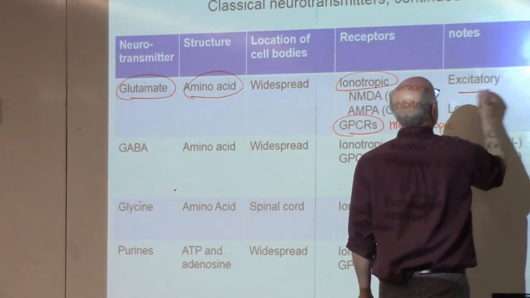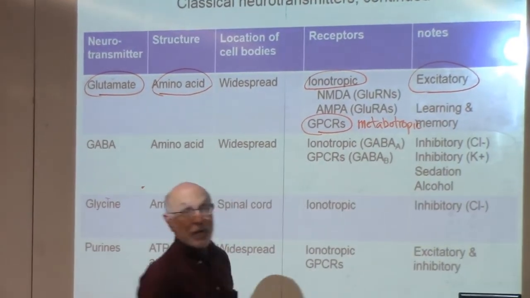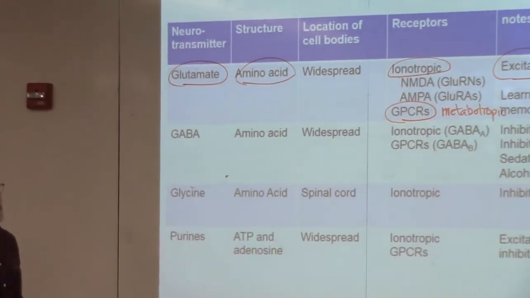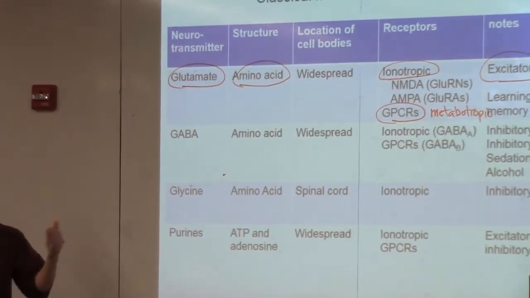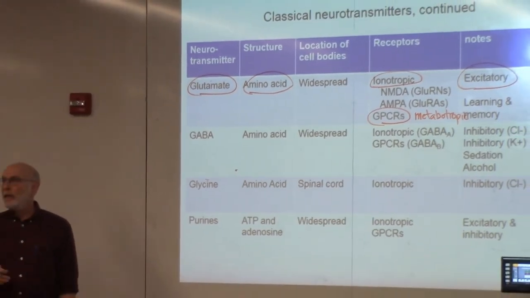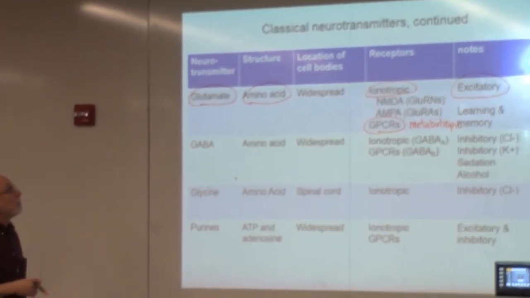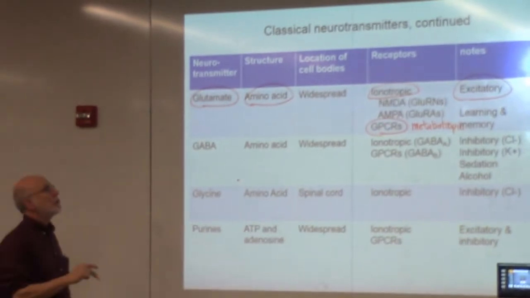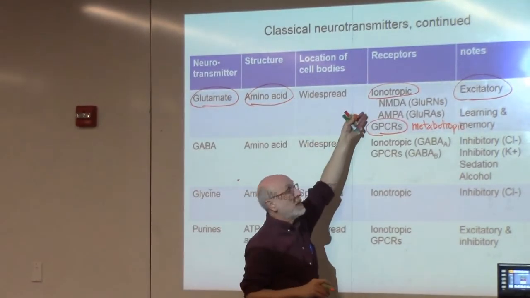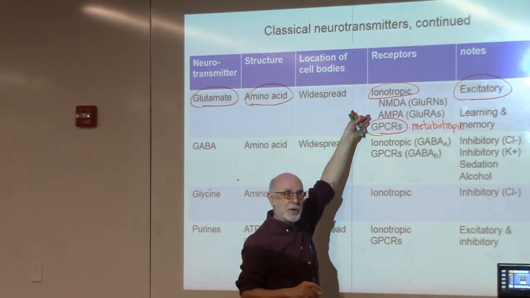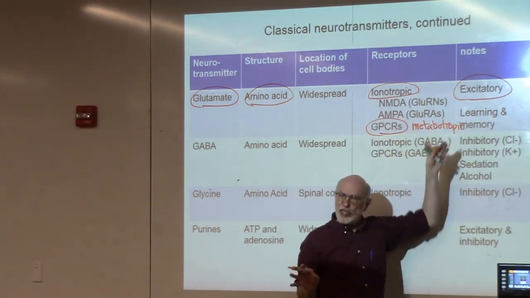And I want you to know that these are generally excitatory. So glutamate is the most important excitatory neurotransmitter in the central nervous system. And we'll talk about some types of ionotropic receptors, and we'll talk about their function later.